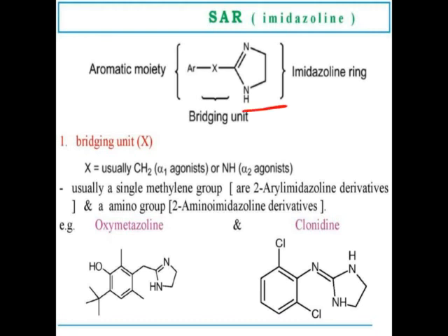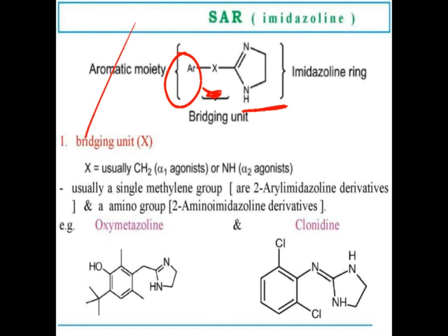This is the imidazole ring. This is the X part, that is the bridging unit. It bridges between the aromatic moiety and the imidazole ring. So the total structure consists of three parts. One is the imidazole ring, second is the bridging unit which bridges between the aromatic part and the imidazole, and third is the aromatic moiety.